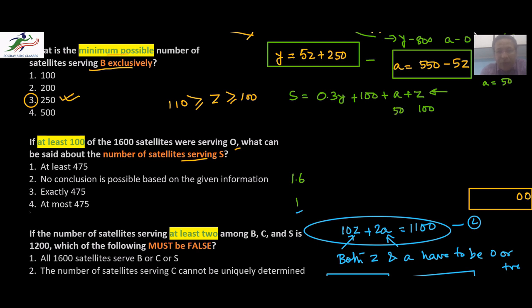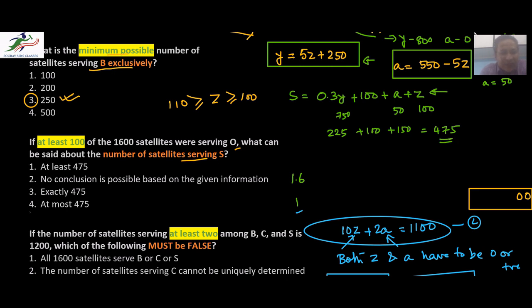And from this equation, if Z is 100, Y becomes 500 plus 250, 750. So therefore 0.3y would be 225, plus 100 plus 150, that would be 475.